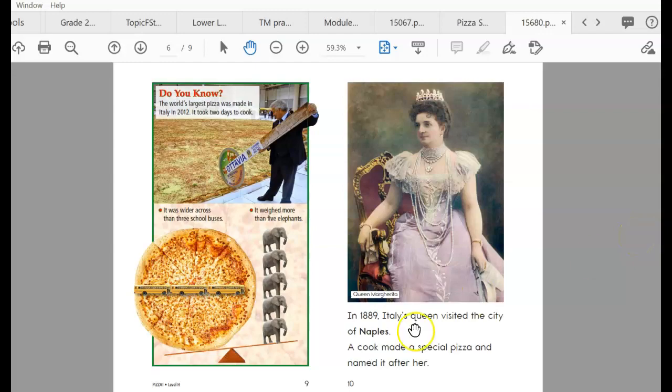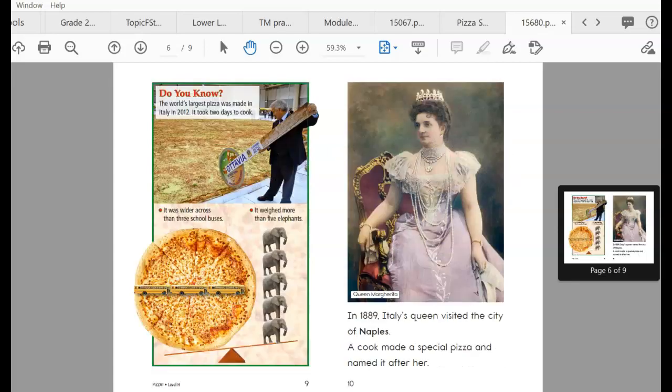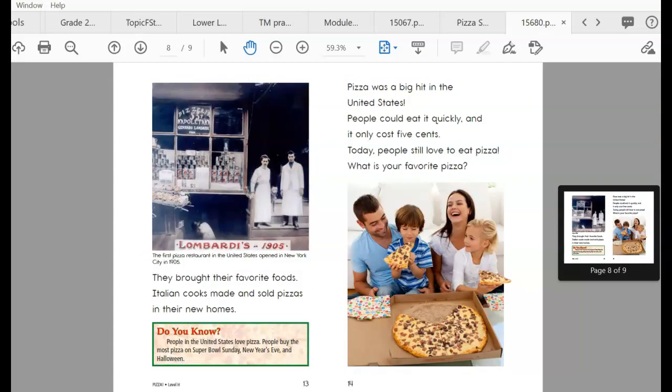Okay, now I can see that I have some bold print. Here's some bold print. It says Naples. I also noticed that we had bold print on the page before. We had Italy. This one looks bold too. Toppings. These must be really important words that have to do with our topic of pizza. I can find out what these words mean if I take this shortcut and go to the glossary. So I'm going to the glossary now.